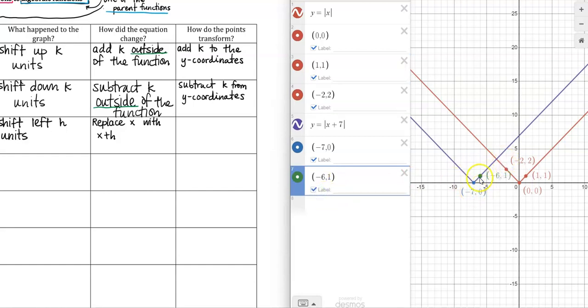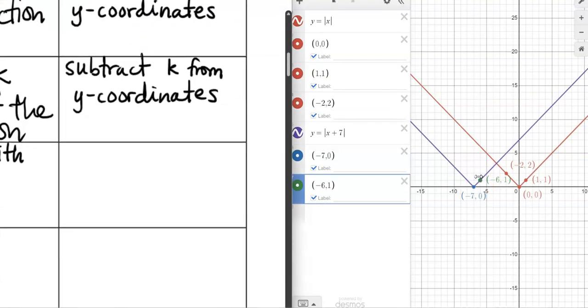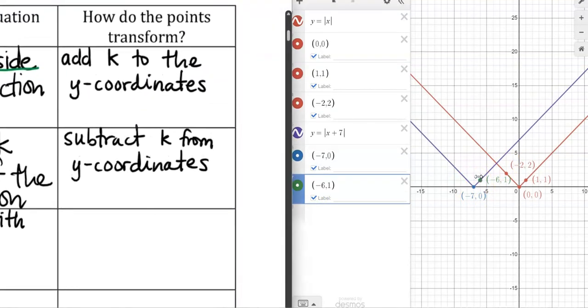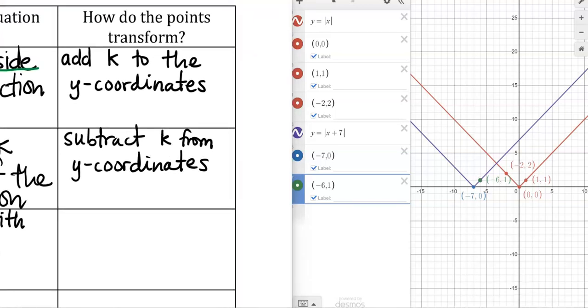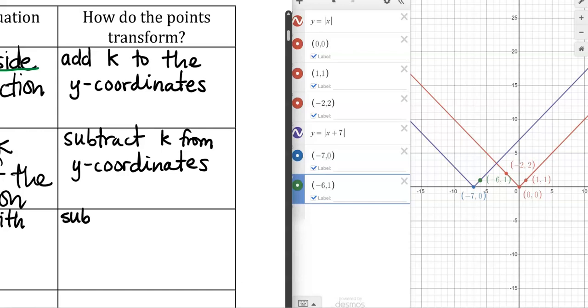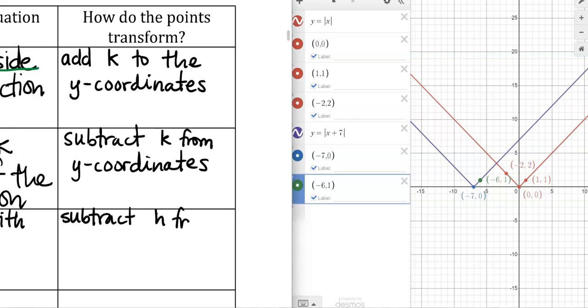So what's happening to these points is the points are also moving to the left 7 units, and in order to move to the left, I would need to subtract h from the x coordinates.